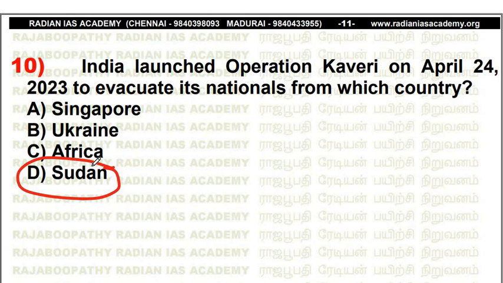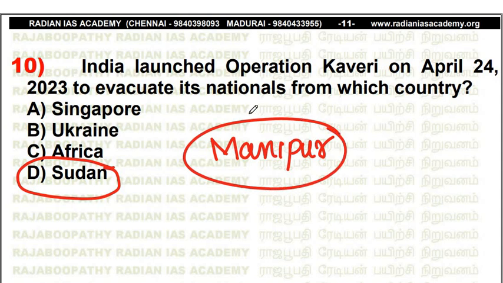But the NEET examination was postponed for one state, not held. Which state? Any idea? So I asked you to read the newspaper and follow the news periodically. The state is Manipur. There were crises in Manipur. Therefore the NEET was not held in Manipur. It will be held later.